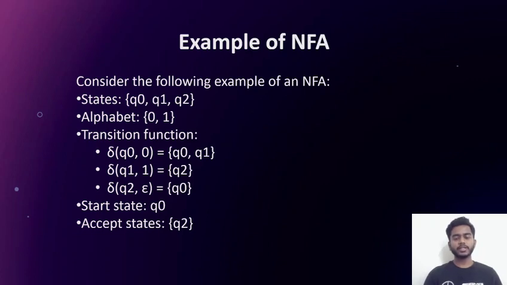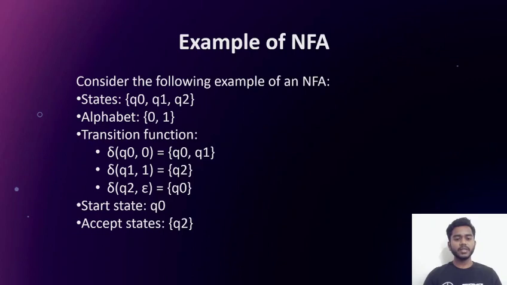Consider the following example of an NFA, where we have states, alphabets, transition functions, start state, and accepted states. Let us take three states initially, which are represented by Q0, Q1, and Q2, and the alphabets are 0 and 1.